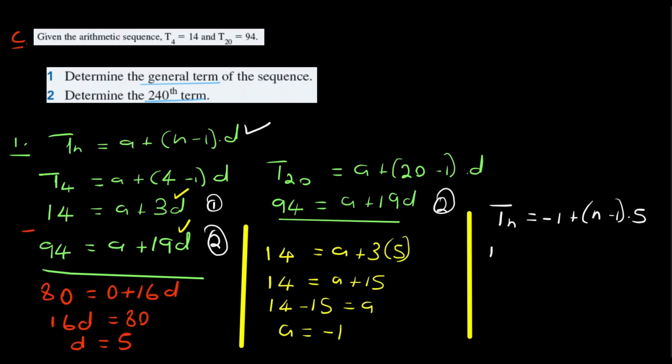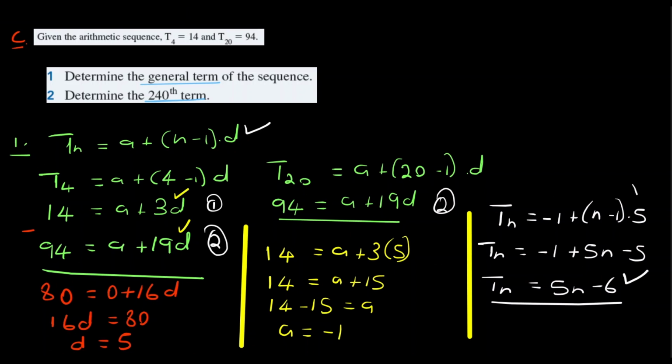I can either leave it as this or simplify it to be minus 1 plus 5n minus 5, and therefore our Tn will be equal to 5n minus 6. And then we would have answered the first part of the question.